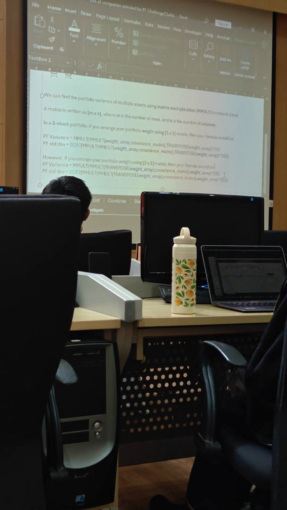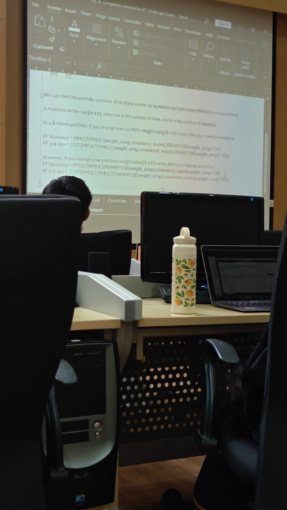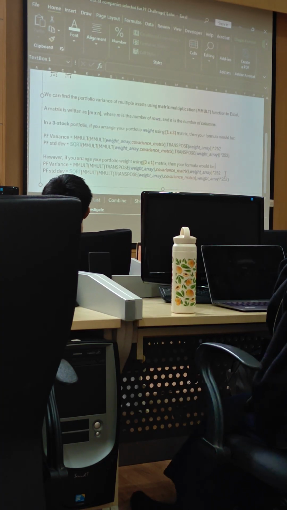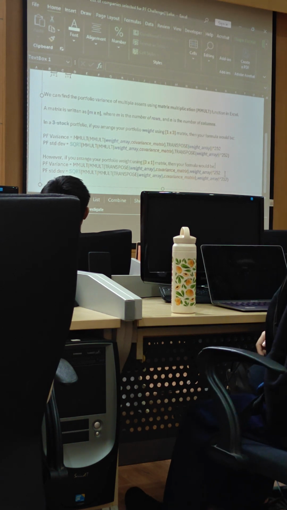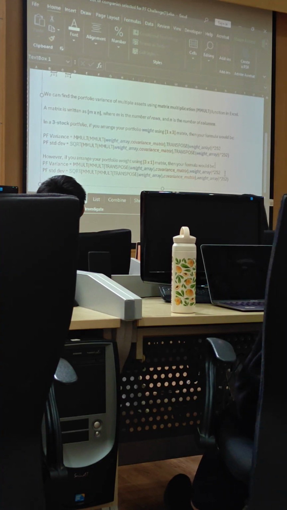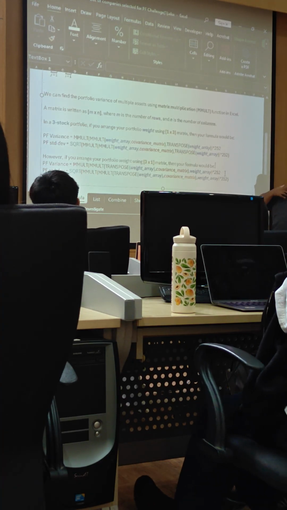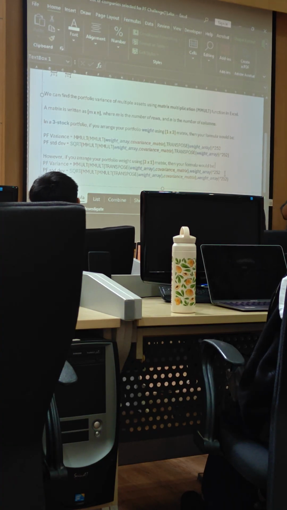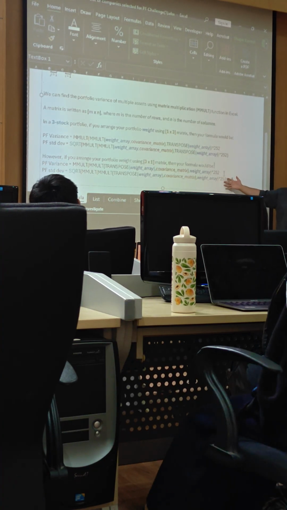So matrix 1 kali 3 macam mana? Matrix 1 kali 3, melintang atau melegak? Melintang. Okay. Satu row kali 3 column. So melintang. So for my style, this is one. But if you are using the other one, you need to use this.